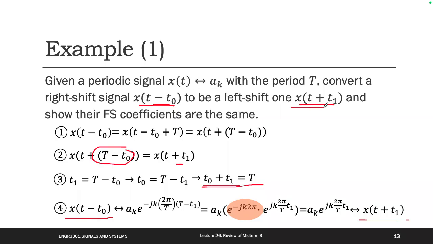You can see if you time shift by half, like this, and then you left shift the other half, actually you will find it's the same thing. That makes sense to you. But this is just a simple one. For the complex one, only if T naught plus T1 equals T, the period, will it be the same. That makes sense to you.